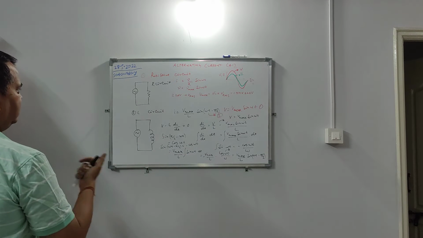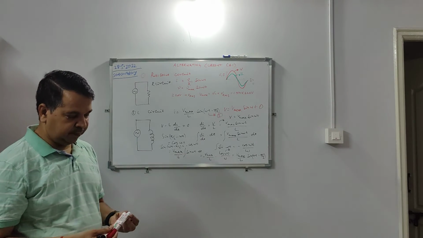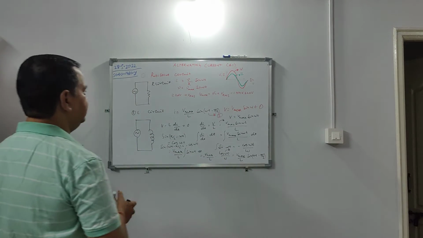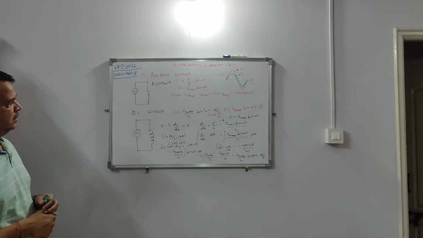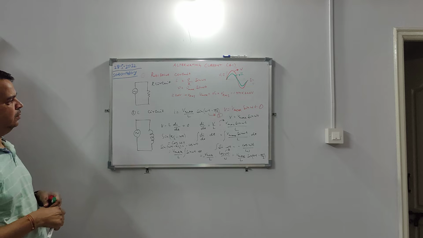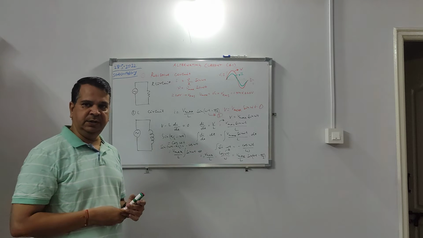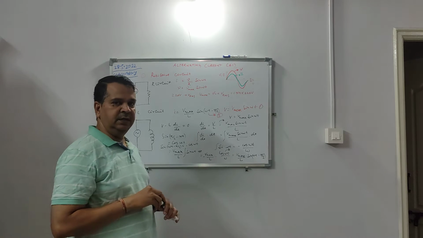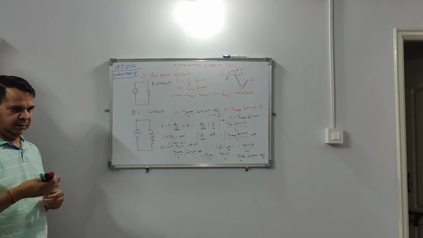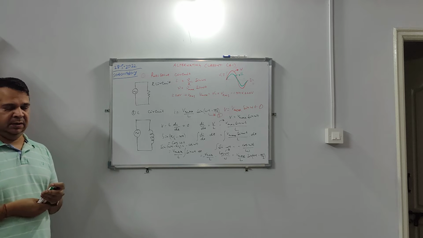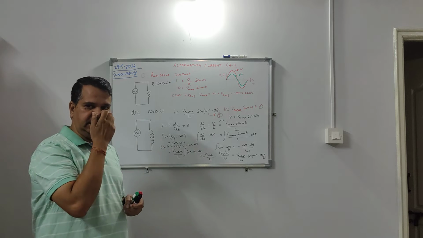That's the major difference. The power we normally write as VI cos phi, where cos phi is the power factor. If the angle between the voltage and current is 90 degrees, cos 90 degrees is equal to 0.